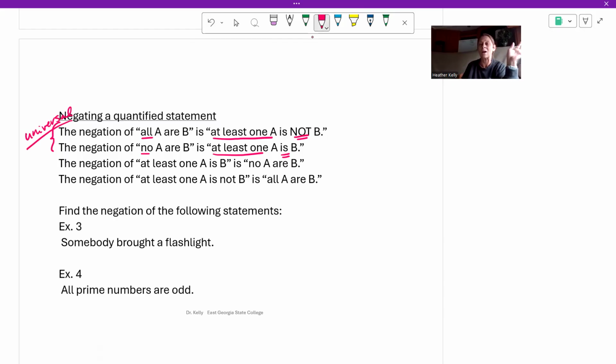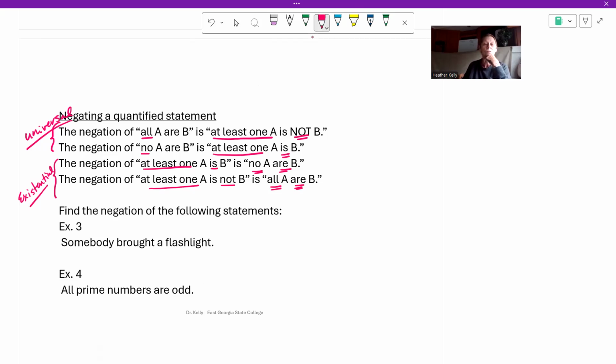Universal means applies to all of them, right? It's kind of easy to remember those. And this is the existential. The negation of at least one is none of them are. And the negation of at least one is not is all of them are.